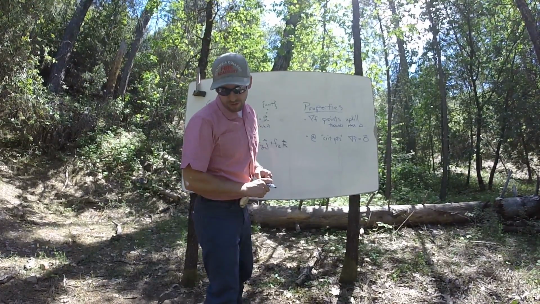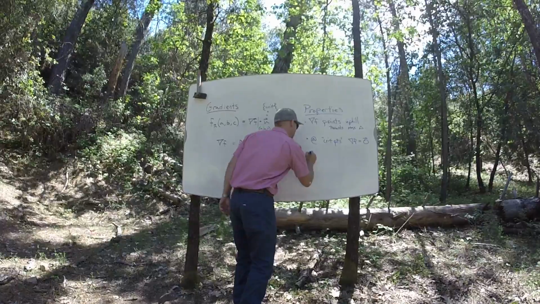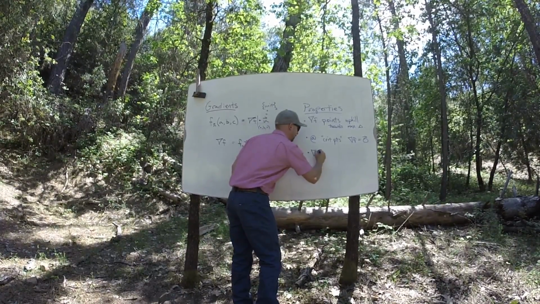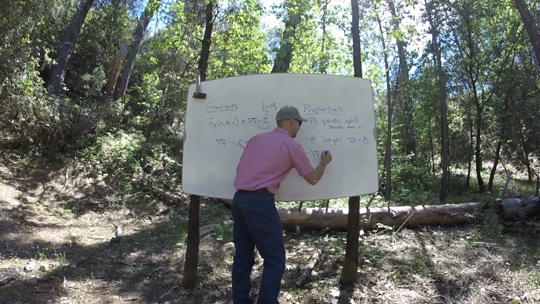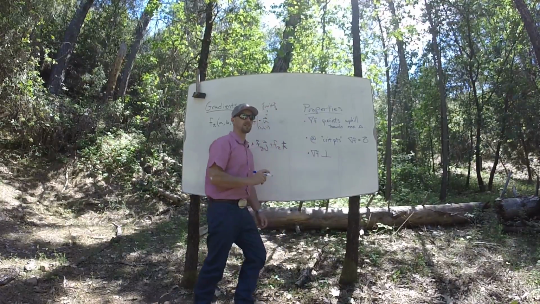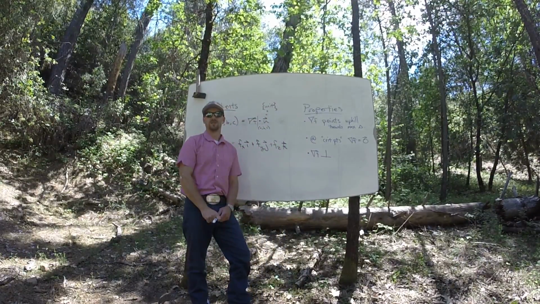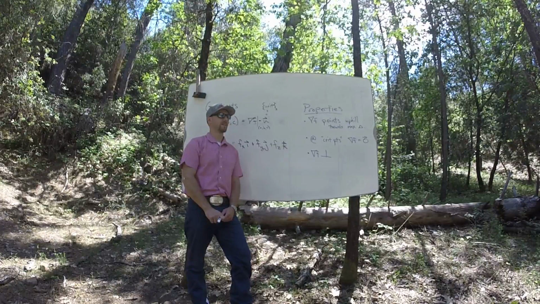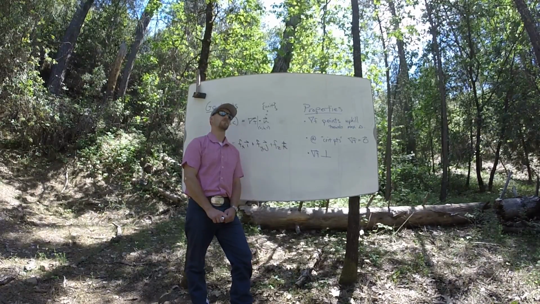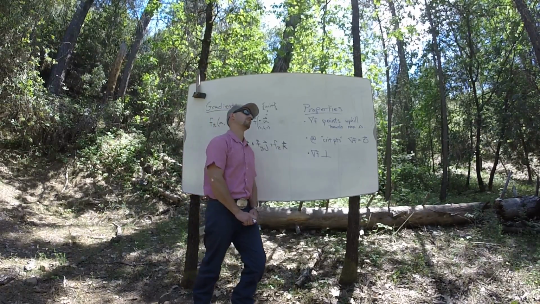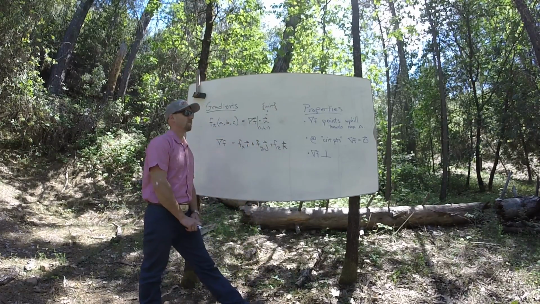Let's see, what else did I want? Let me see if this makes sense. The gradient of f is perpendicular to the contour line.